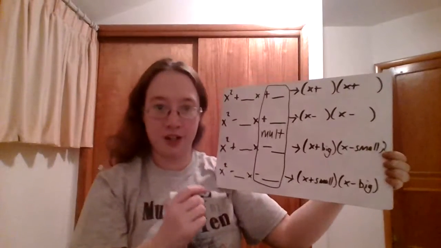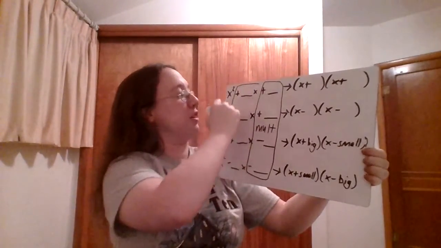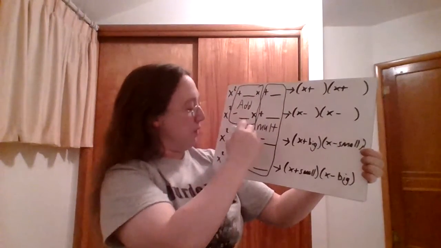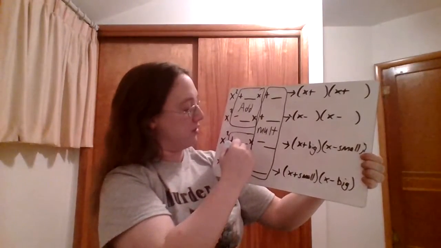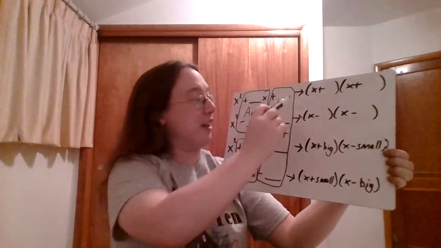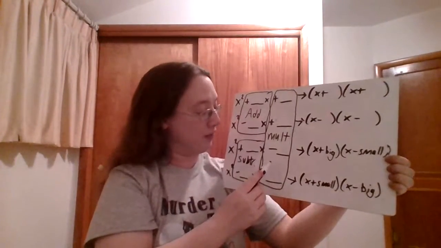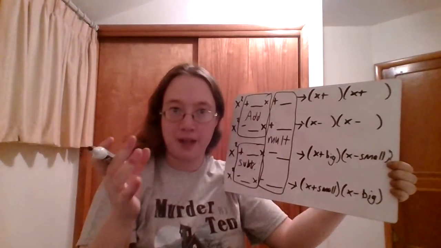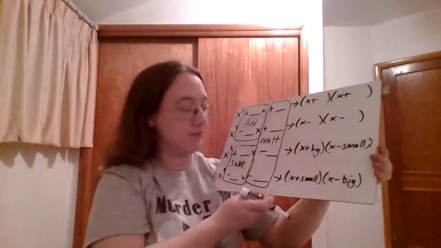And depending on whether that thing is plus or minus there, we either want numbers that add up to this number, or we want numbers that subtract to this number. So if this last number is positive, we want numbers that are going to add up to your middle number. If your last number is negative, you're going to want numbers that subtract to it. Or if you want to think about it as we have a positive and a negative that we're adding, then you can still think about it as adding. Either way.